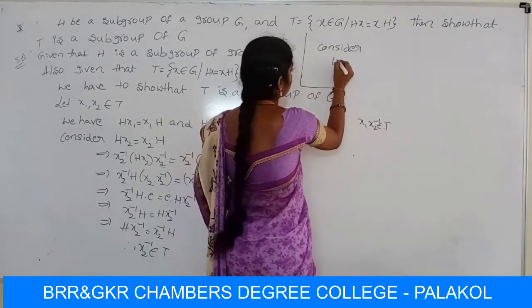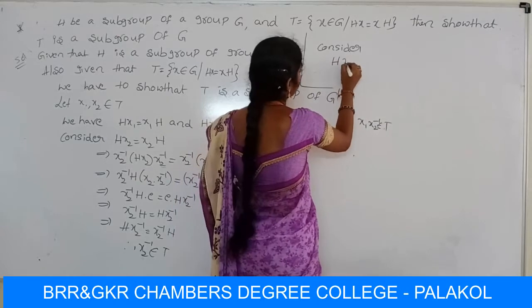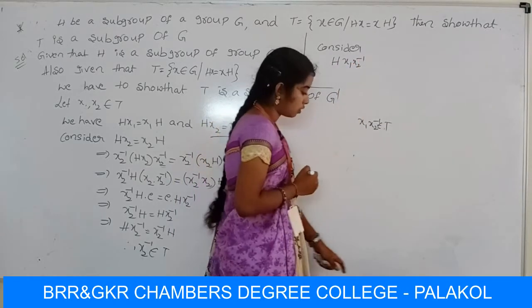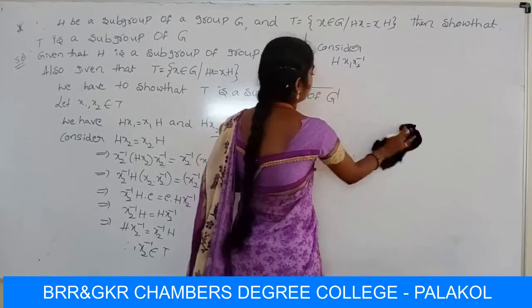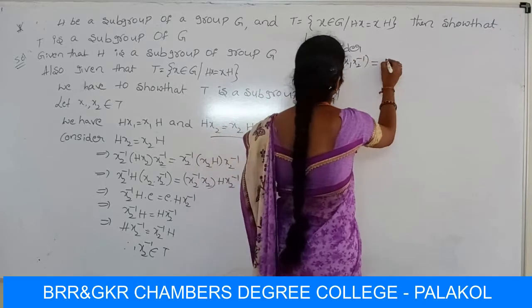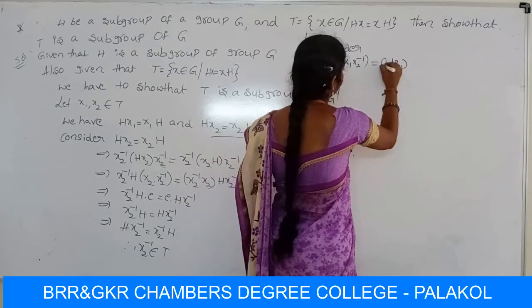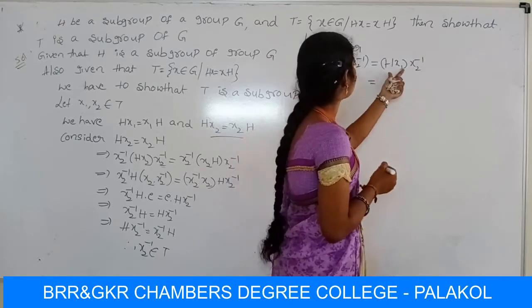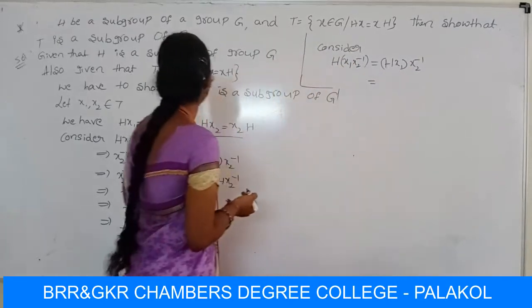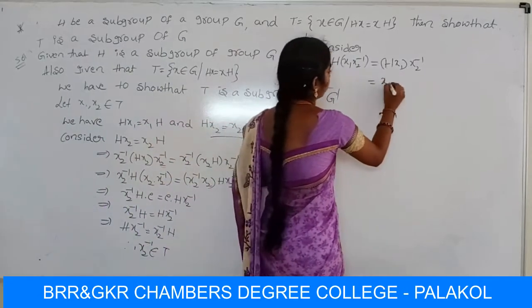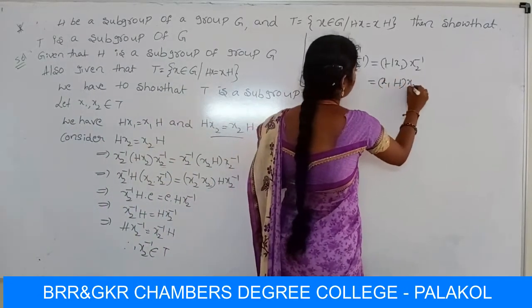So it can be written as, let us consider x1 into h into x1 into x2 inverse. So changing the brackets, h x1 into x2 inverse. So already you know that h x1 can be written as x1 h into x2 inverse.